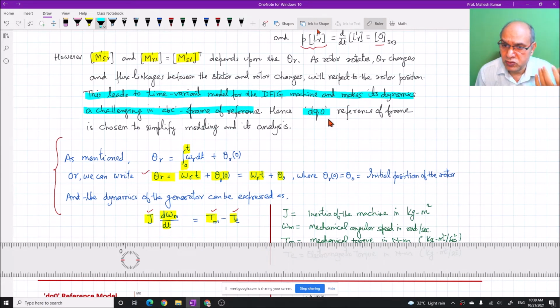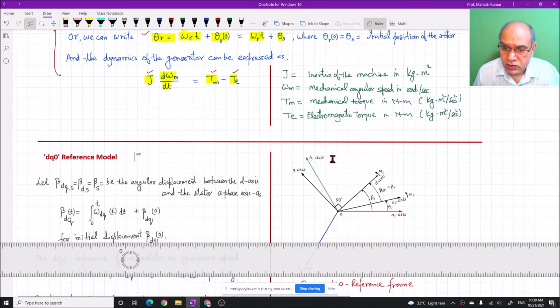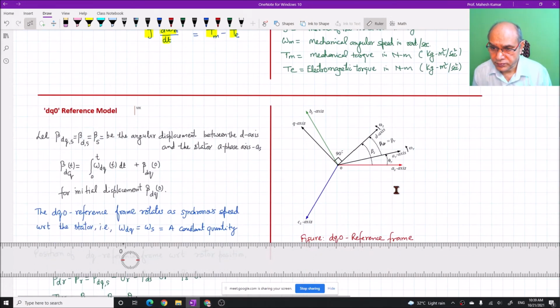You can derive the DQ0 model from ABC by yourself. I will describe that particular concept here, how you can derive it yourself. So you can see this diagram very carefully. This is the A axis, this is the B axis of the stator, and this is the C axis. We will talk first about the stator and then the rotor; there is not much difference.